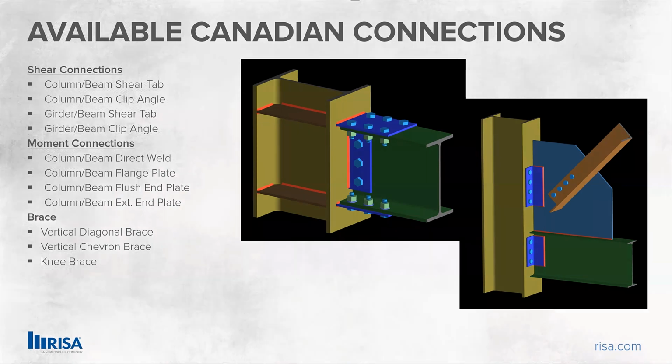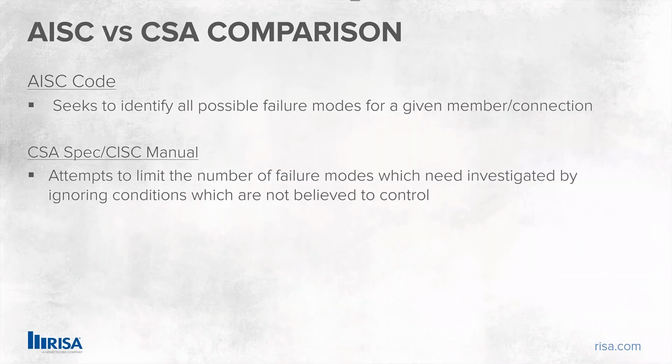One of the biggest things I wanted to mention is how the software deals with some of the differences between the American code, which, being an American software company, is what we're really familiar with, and the specifications available for the Canadian steel market.